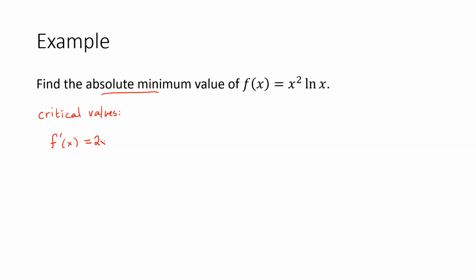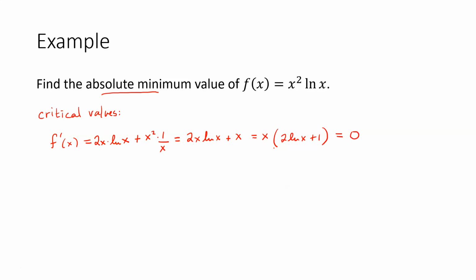So we'll have the derivative of x squared is 2x times ln x without taking a derivative, plus x squared times the derivative of ln x, which is 1 over x. So here the x squared divided by x will simplify, just x. And then factoring out an x between those two terms, I'm left with 2 ln x plus 1 times x.